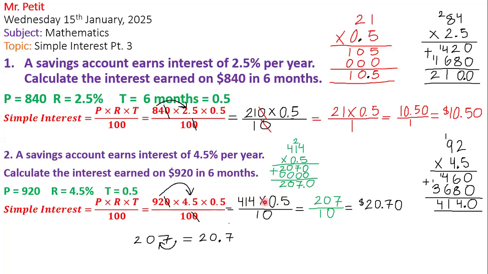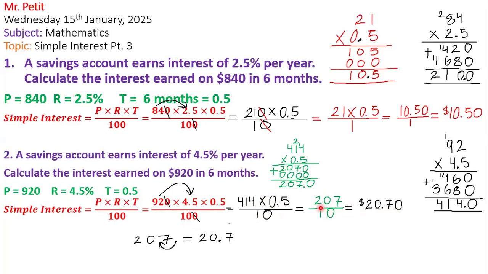Then I divide it by 10, and so 414 multiplied by 0.5 gives me 207. Then I divide the 207 by 10 because I had the 10 already from here. Once I divide them, I get 20.70.